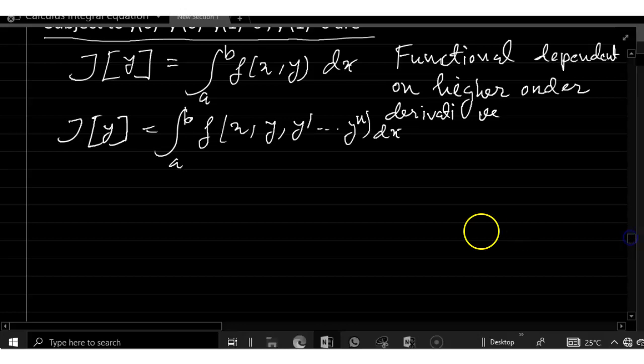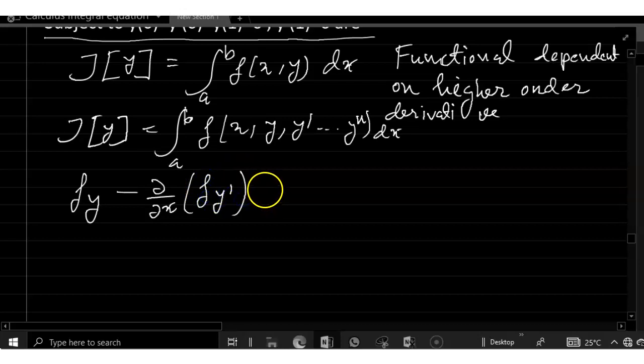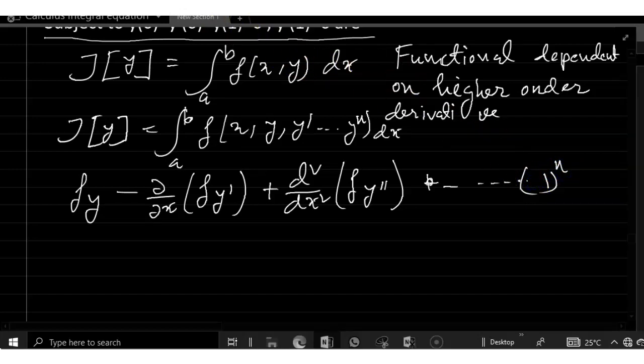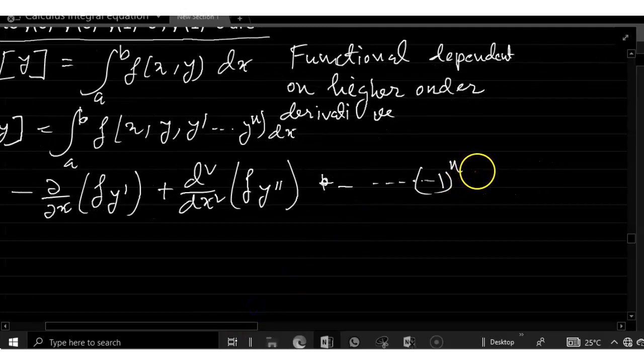So the equation will become F_y minus d/dx F_y dash plus d square/dx square F_y double dash, minus, up to minus 1 to the power n, d^n/dx^n F_y n, equals 0.